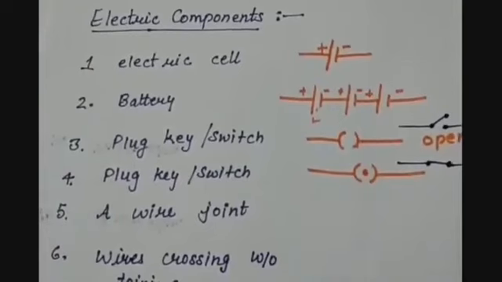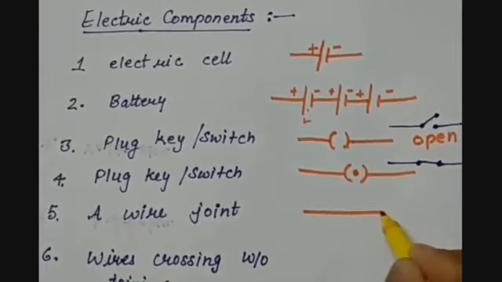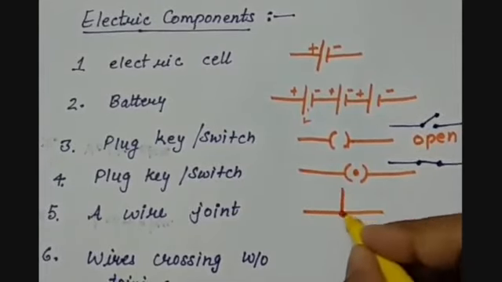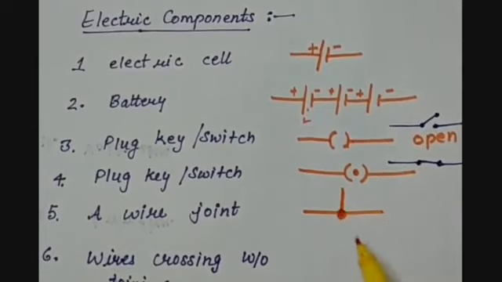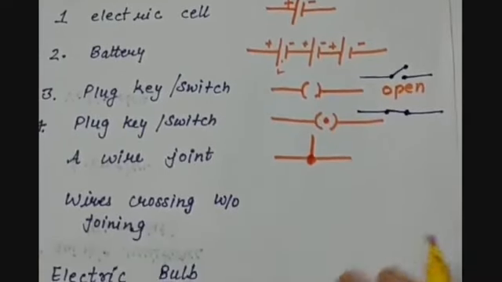Then we have a wire joint. A wire joint can be made like this, that we have a wire and another wire is getting joined here. This dot is representing the joining of the two wires. Then we have wires crossing without joining.